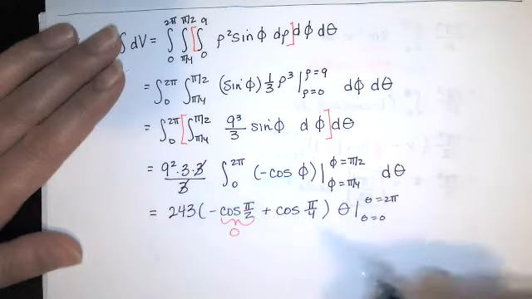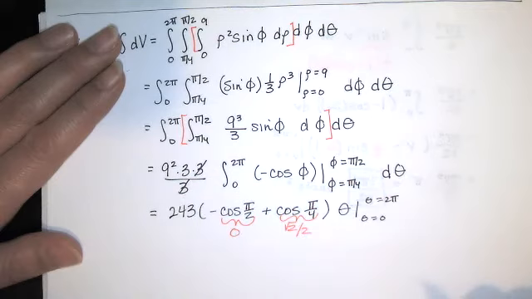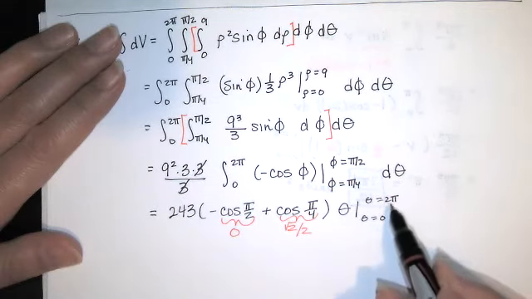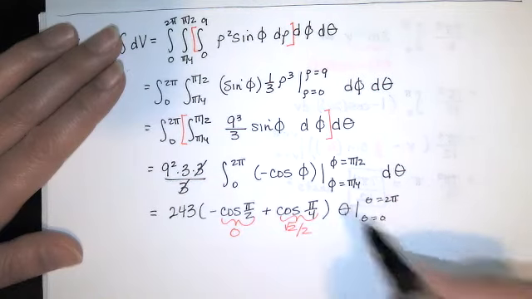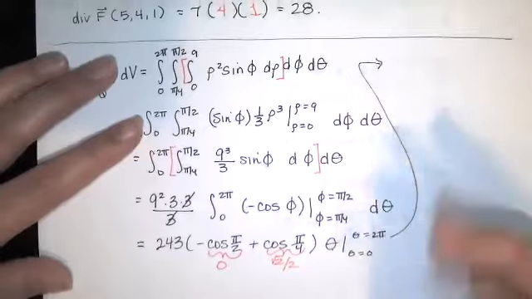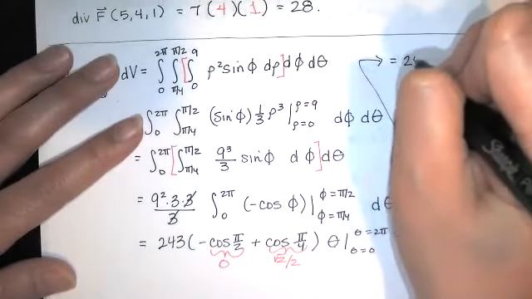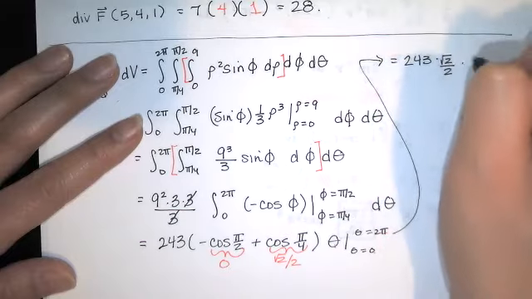Cosine of pi over 2 is 0. Cosine of pi over 4 is square root of 2 over 2. And if I evaluate this at 2 pi and 0 and subtract, I'm just going to end up with a 2 pi. So I have 243 times square root of 2 over 2 times 2 pi.